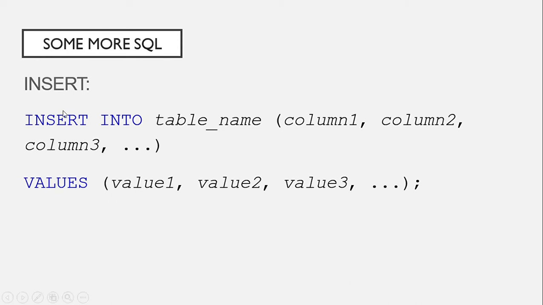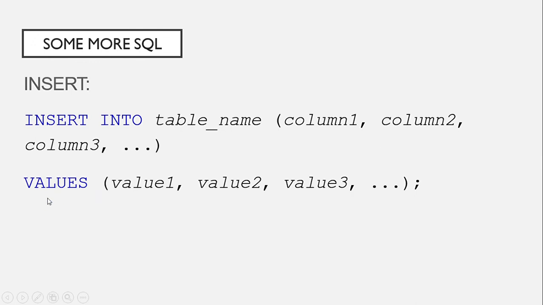Insert into. So insert into the table name, you can specify which table you want to insert information in. Then in the parentheses after the table name, you identify which column you want to insert information in. So column 1, column 2, column 3, and so on. You can add as many as you want.